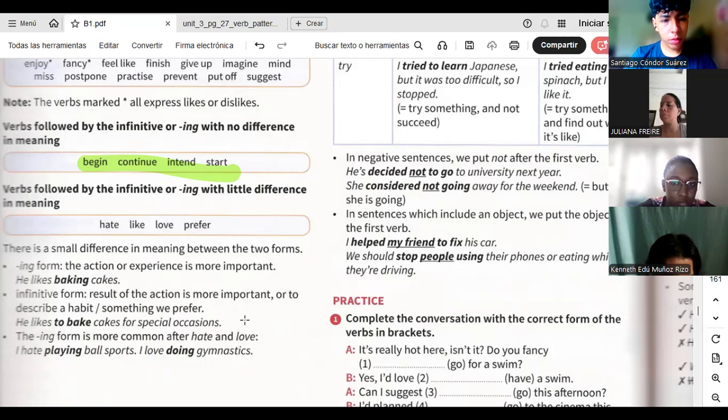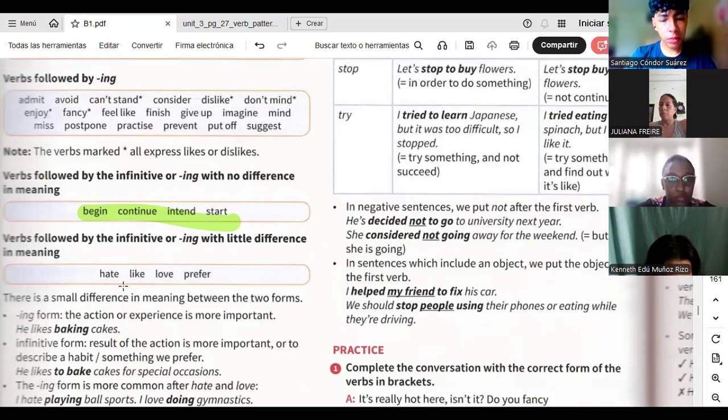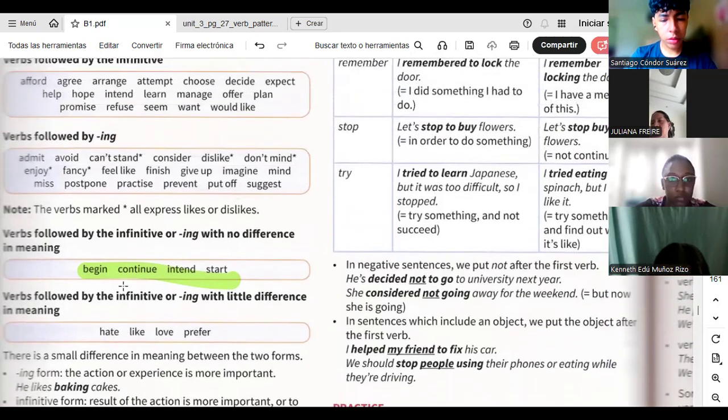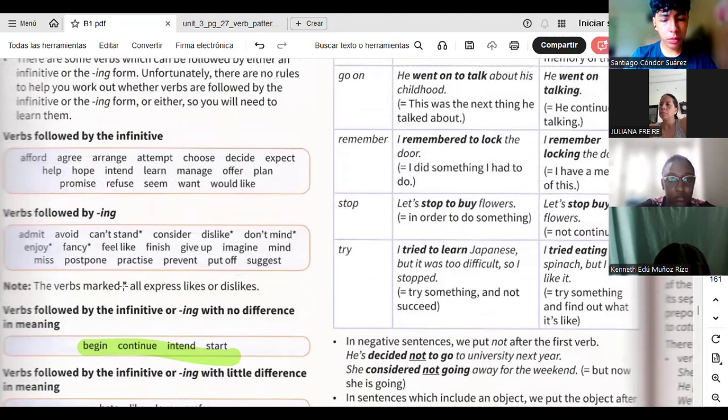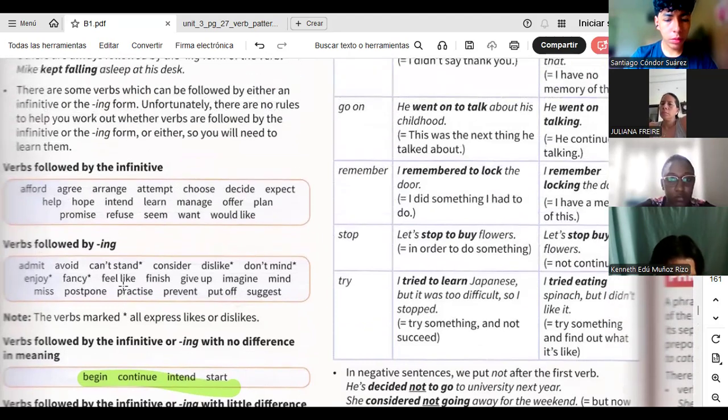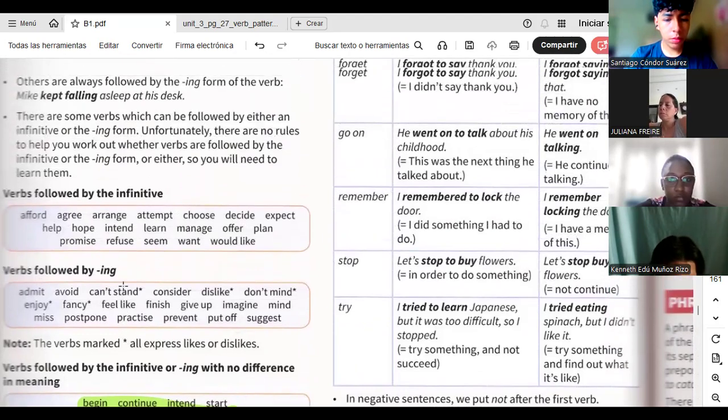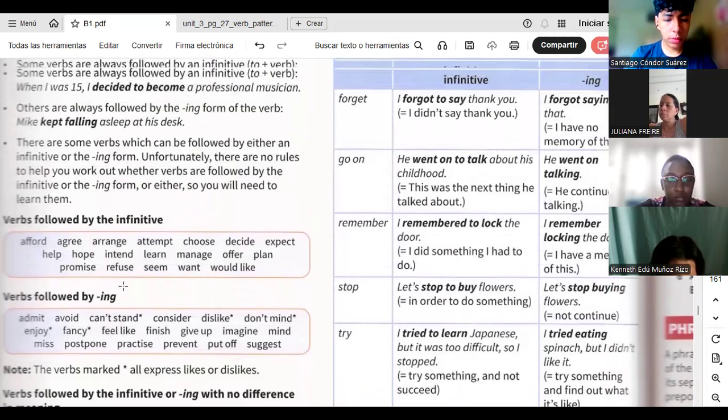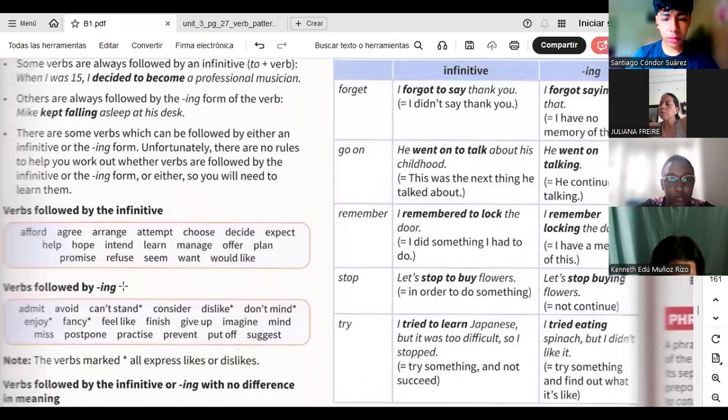I hate playing ball sports. I love doing gymnastics. Guys, no worries about these ones. It's more common to talk about just ing, okay? So you don't get confused, here we have again the explanation with the verbs that can work with ing or to, but the meaning changes, okay? We won't do it again. Let's take advantage of the time. Let's see.